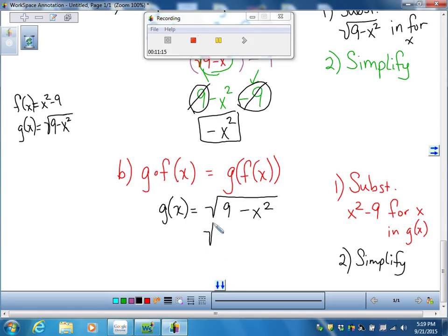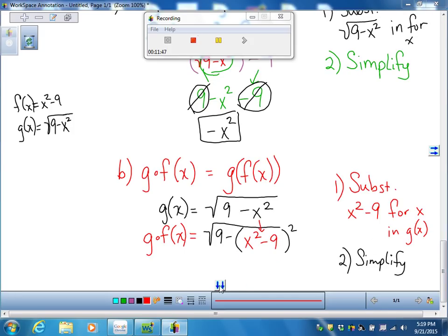So I'm taking out the x and I'm replacing it with parentheses, into which I'm going to plug in x squared minus 9. So this is my f of x. I'm replacing x with x squared minus 9, which is my f of x. So we are now in the process of finding g of f of x.